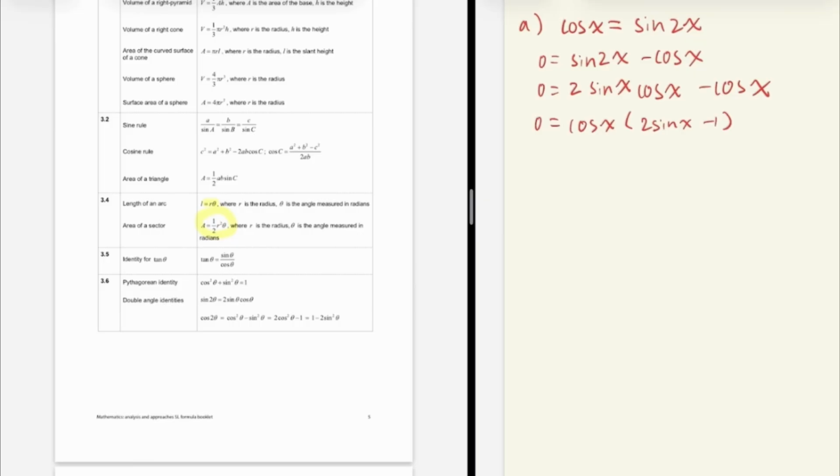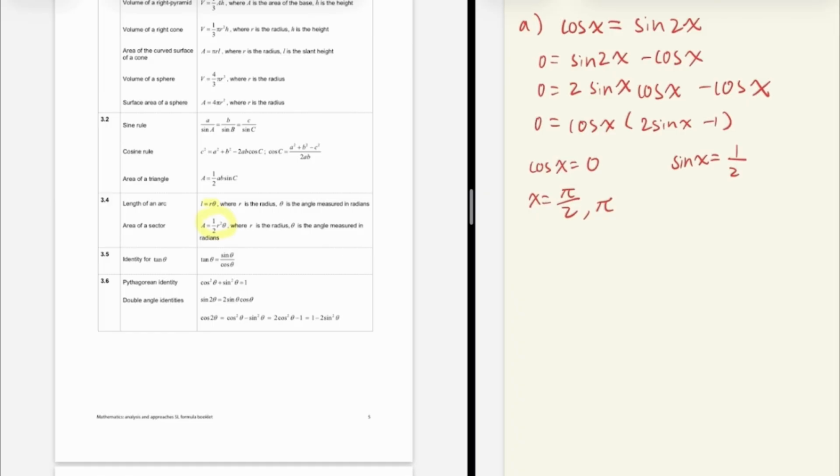And so through this, we could derive two roots, where cos x equals 0, and thus x equals pi over 2 and pi. Then for the 2 sine x minus 1, we know that sine x equals 1 over 2.